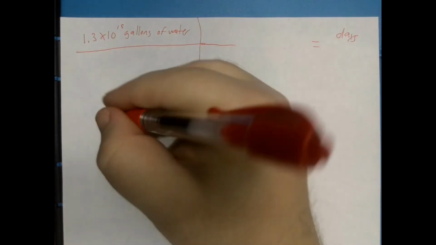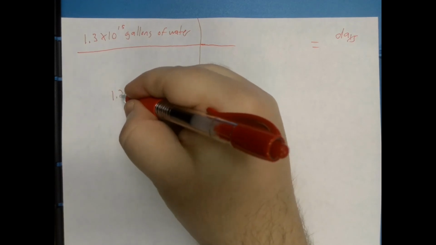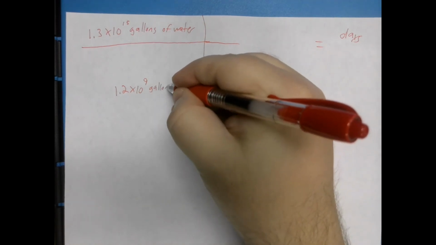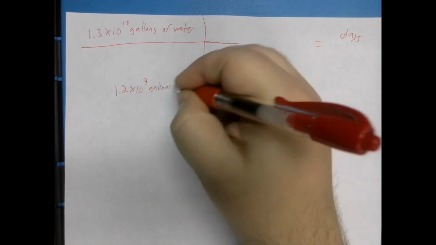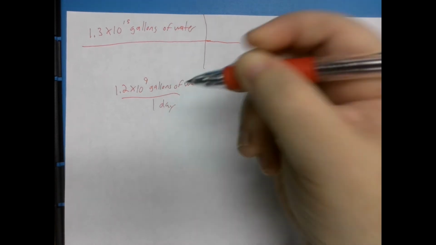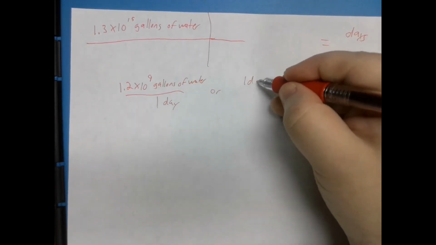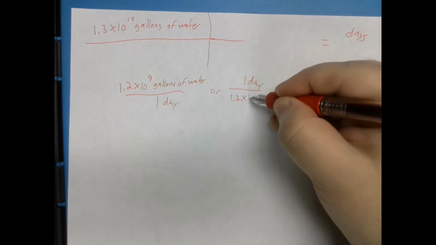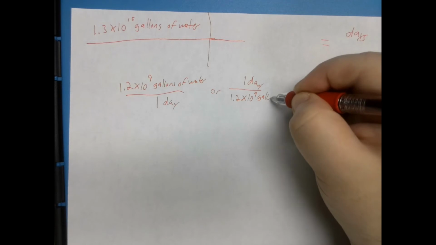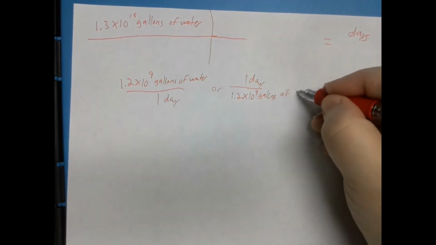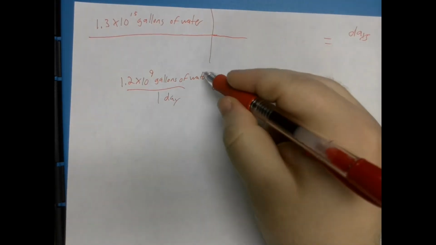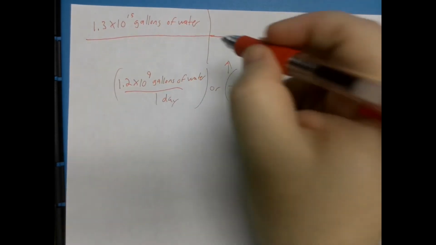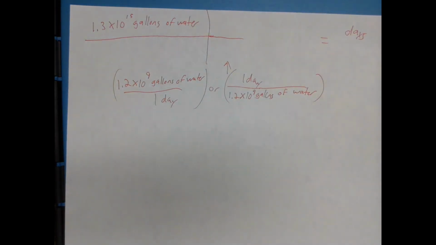We have a conversion factor. We have 1.2 times 10 to the 9 gallons of water per 1 day. Or we have that 1 day uses 1.2 times 10 to the 9 gallons of water. So we want to plug in one of these conversion factors so that gallons of water is canceled.